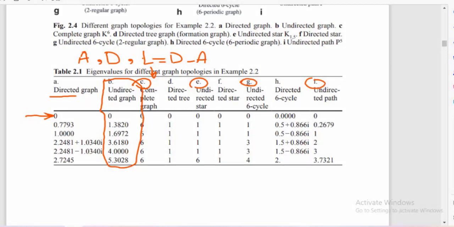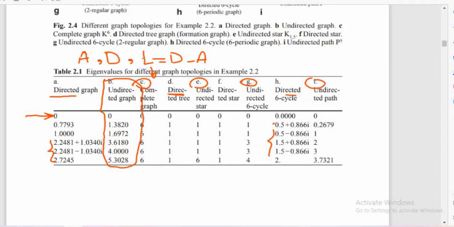have imaginary eigenvalues. For example, A is a directed graph with 2 imaginary eigenvalues. This directed graph doesn't have any imaginary ones. This directed graph has 4 imaginary and so on.